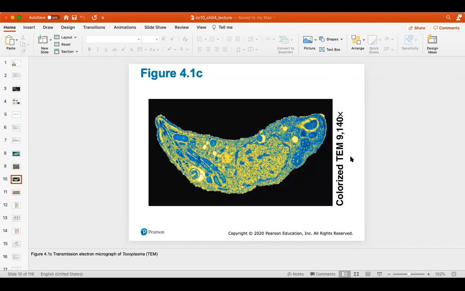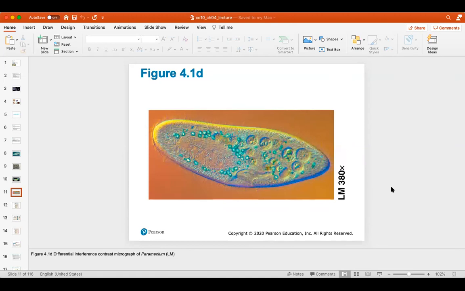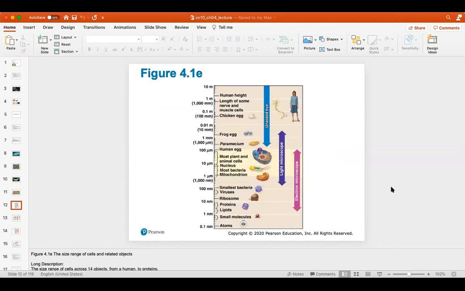So the most zoomed in we can get, this is at almost 9200 times magnified, of the organism Toxoplasma. Here's the differential interference contrast micrograph of paramecium in the light microscope, using an interference technique to show some differences between structures within the organism. This is a great graph showing the size range of cells and related objects.